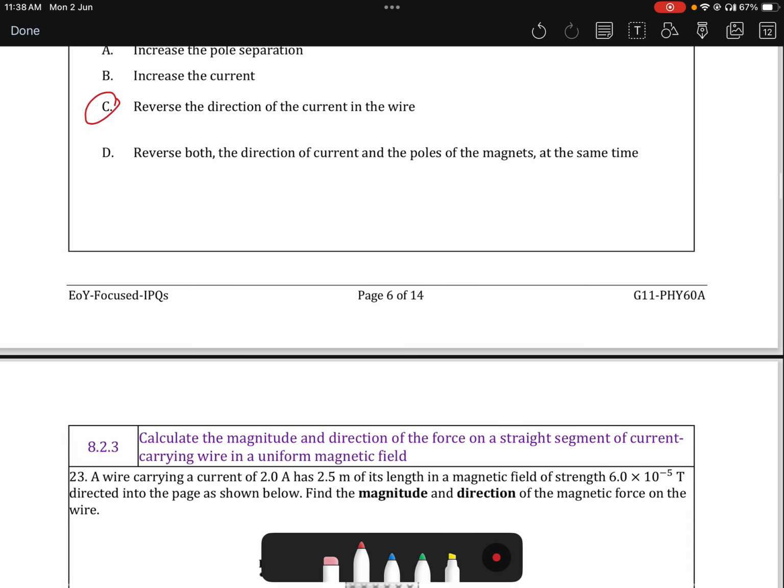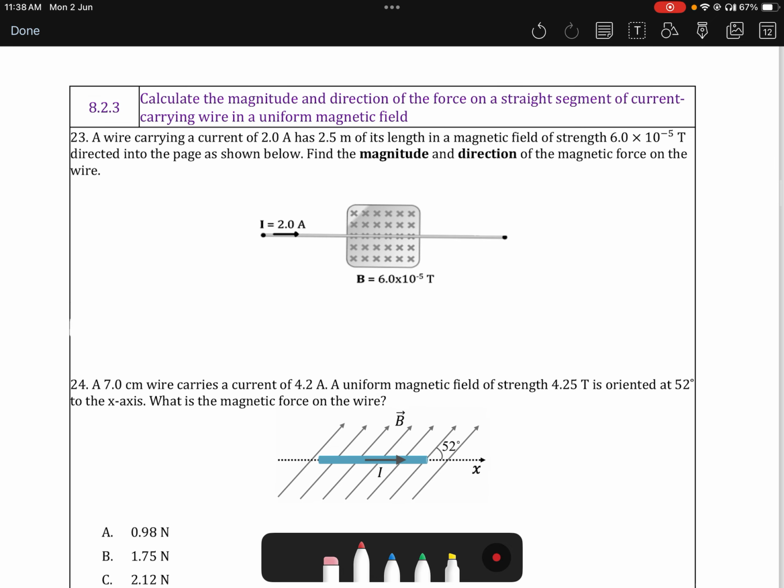Next question. We have the wire, and this wire is passing through the magnetic field. We need to find the magnitude and the direction of the force. The magnitude: F equal I L B sine theta. What is the current here?